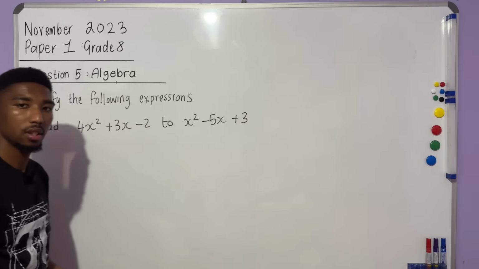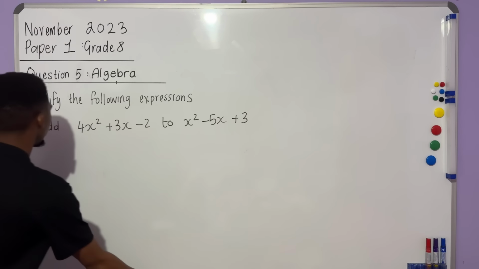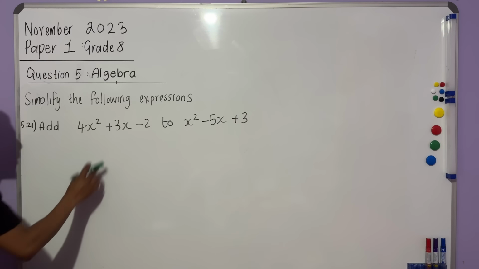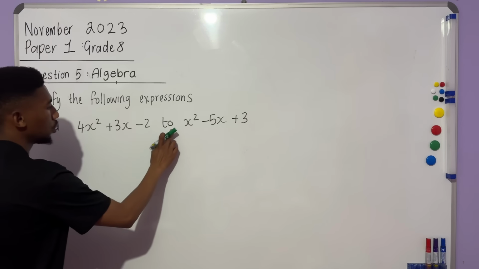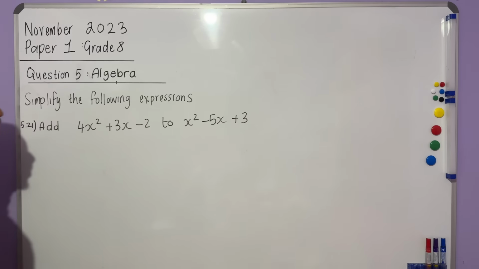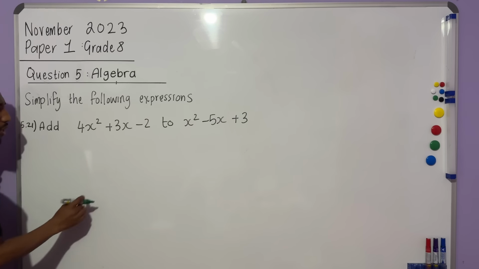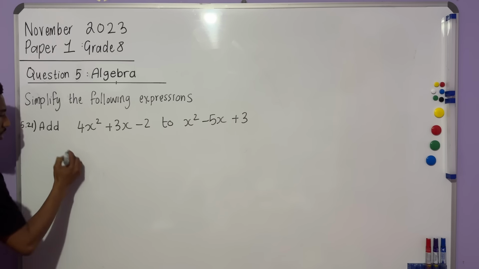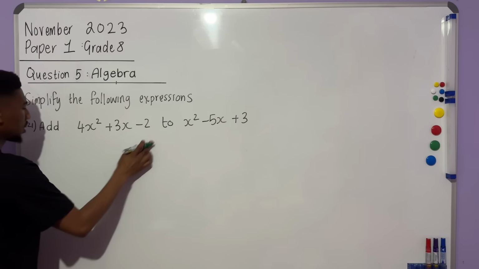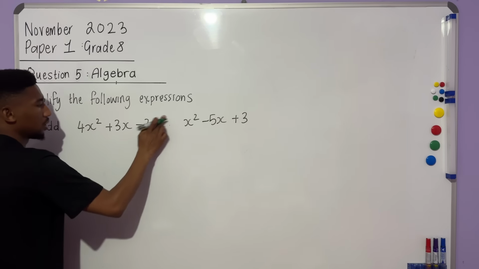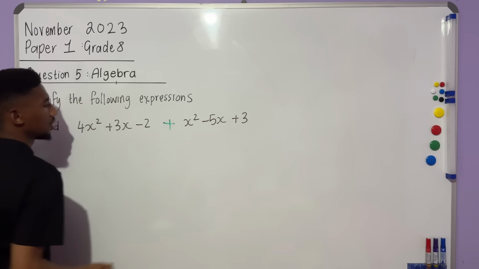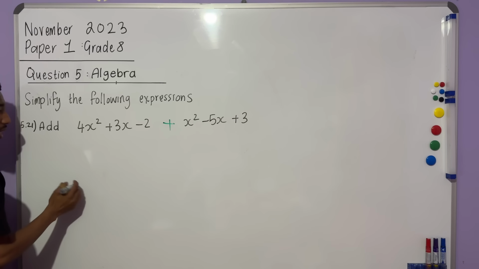Okay, then in 5.2, it says add 4x squared plus 3x minus 2 to x squared minus 5x plus 3. Again, we are adding two expressions, so what we do when we're adding two expressions, we're going to put the like terms together. So this simply says add this to this, so I'm going to change this to a positive sign, and then I'm going to put my like terms together.